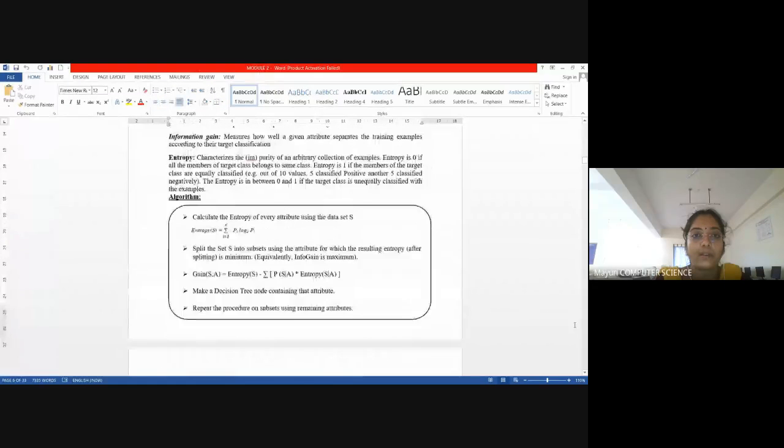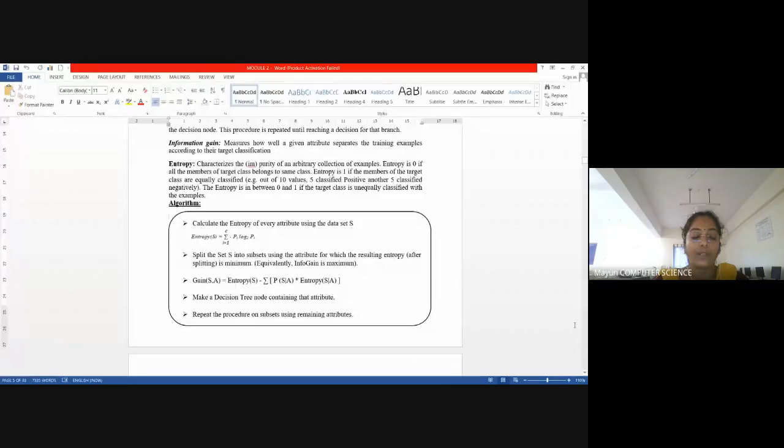So in this decision tree construction, we have a data set where each column represents the attributes. The final column talks about the target concept, whether the target is going to be achieved or not. Decision trees are completely based on the info gain.